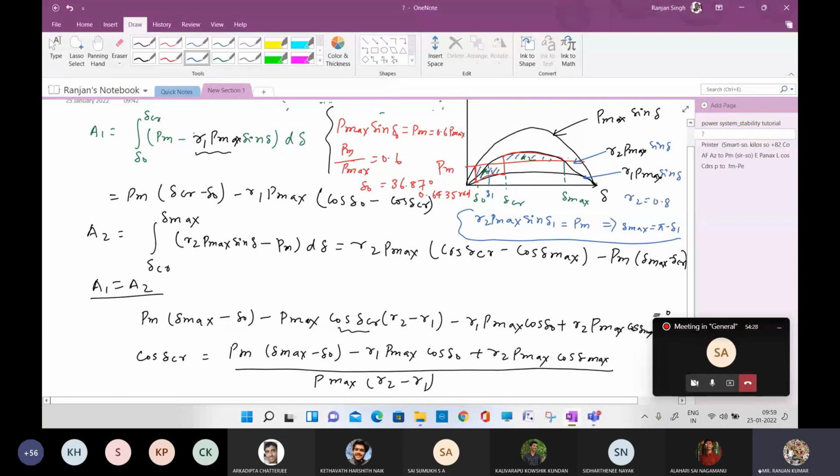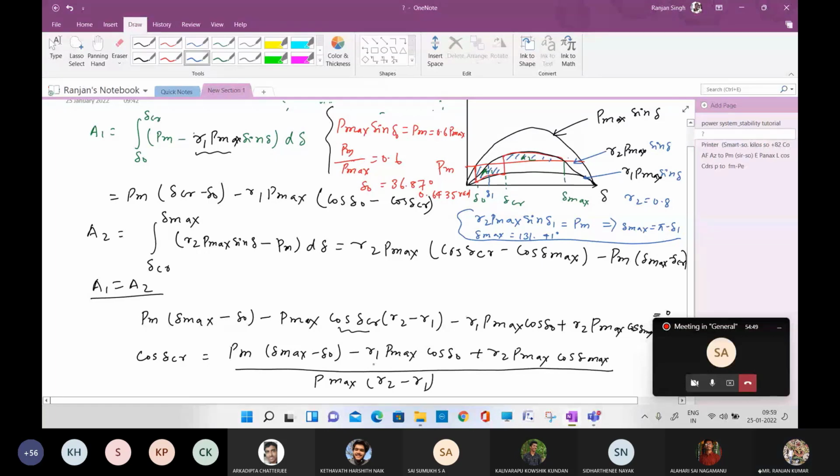So from here you can calculate delta 1 and delta max also. I am directly writing because space is not there. So delta max, it will come to be 131.41 degree.